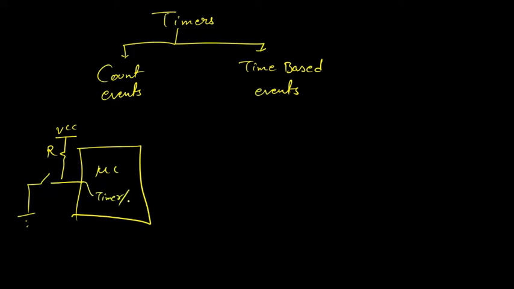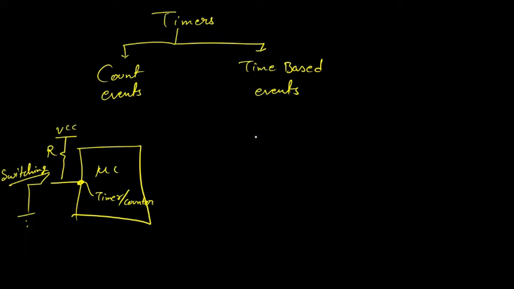We can call both. Whenever this switch is pressed, we can check that event and count it. That is the job of the counter. So switching is our event, and we are just counting it using the same device, the timer.